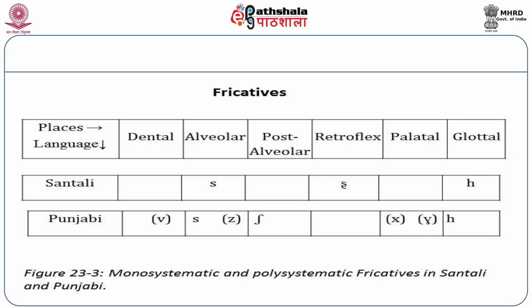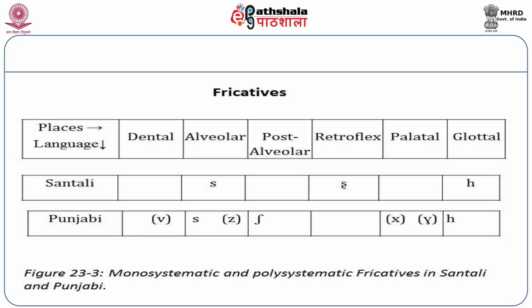What this means is that they may or may not be used in contrast with other sounds of the language. When they are used, they are phonemes. When they are used freely with other sounds, they are not phonemes. For example, the phoneme kh can be freely varying with the phoneme k.